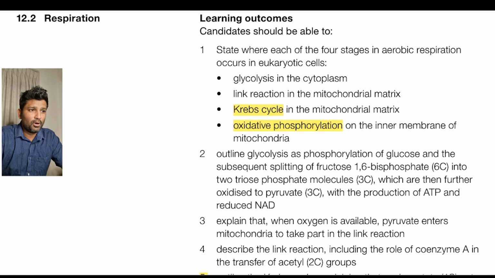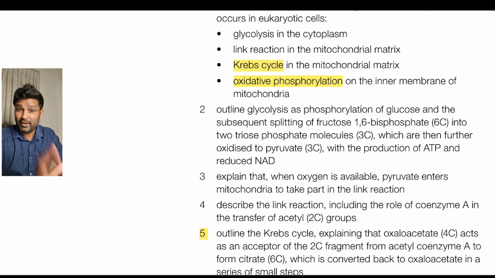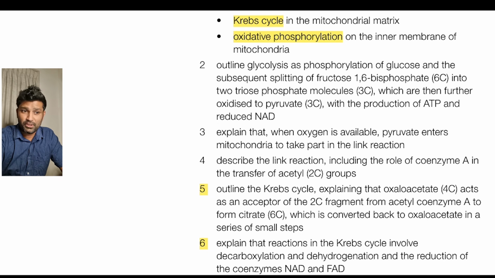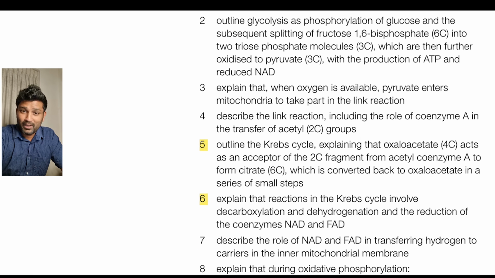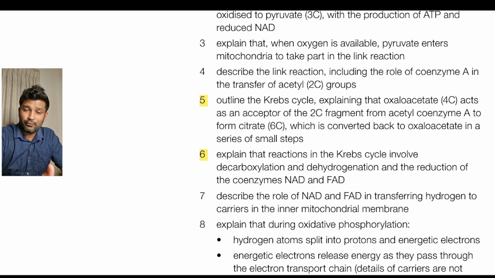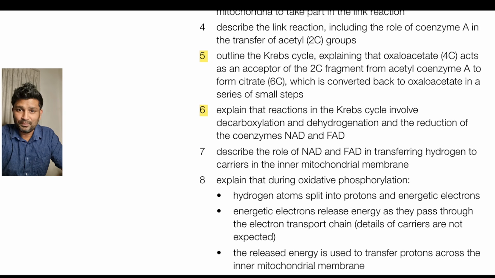Then in terms of the process of respiration, as I said, in very recent papers there had been a question on glycolysis. There was a very interesting question very recently where they gave the inner membrane of the mitochondria, where the students had to identify where NAD and FAD go and dump their H+ ions.